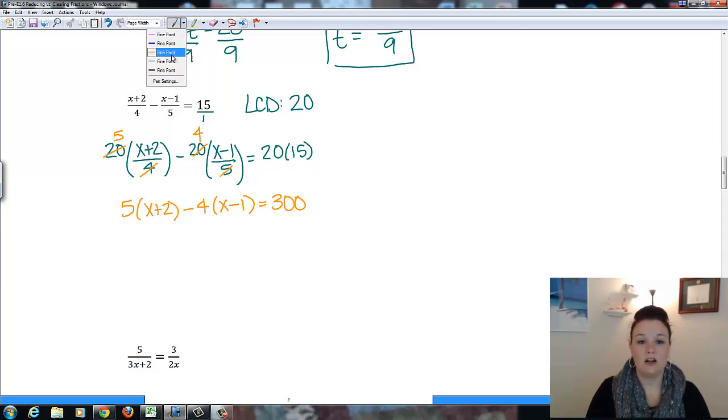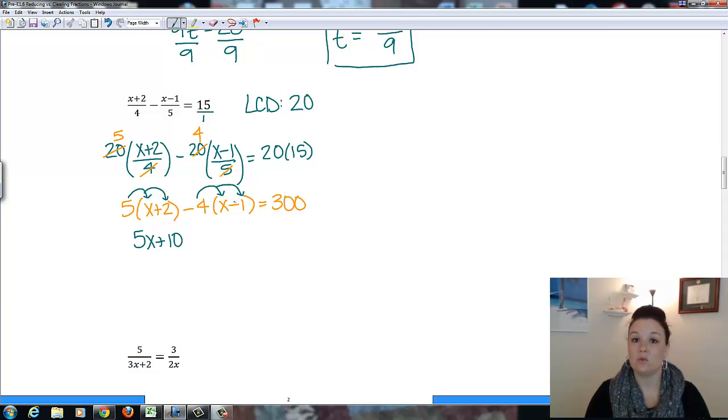Okay. And from here, I can go ahead and simplify. I'm going to distribute the 5 to both terms, which gives me 5x plus 10. Then I'm going to distribute this 4 to both terms. Remember, the negative goes with it. So -4 times x gives me -4x. -4 times -1 leaves me with a +4.